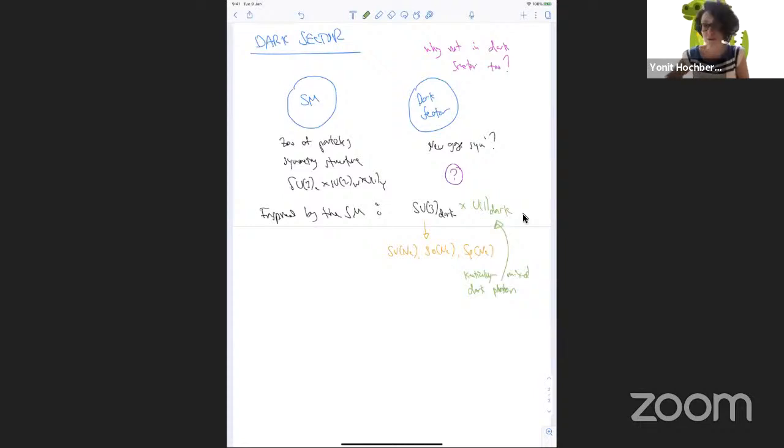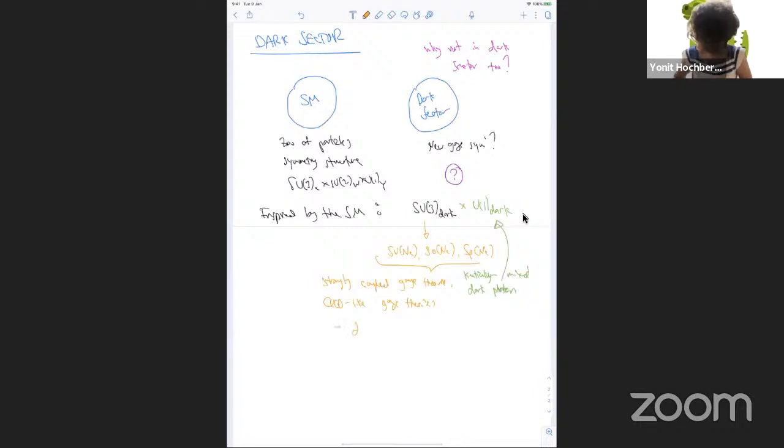So maybe we have some piece that's a dark version of electromagnetism. Maybe we have some dark version of QCD, and it can even be more general than QCD. Just to spell this out, what I mean is that maybe we have some strongly coupled dark gauge theories, or just think of these as QCD-like gauge theories.